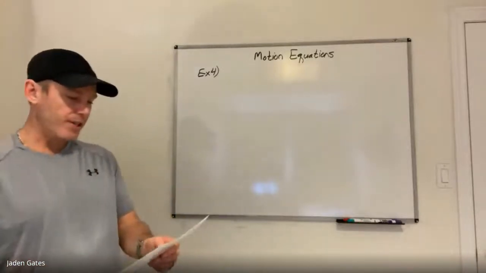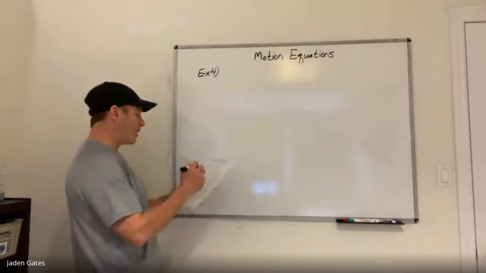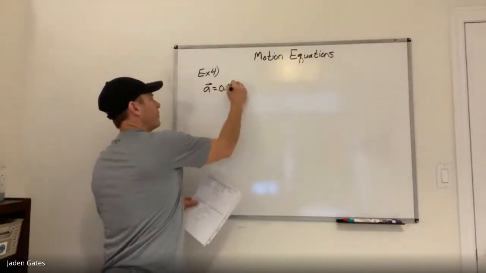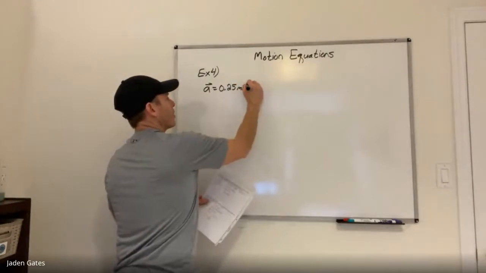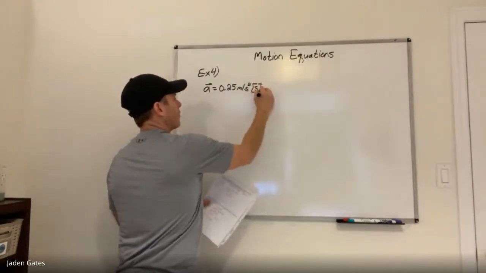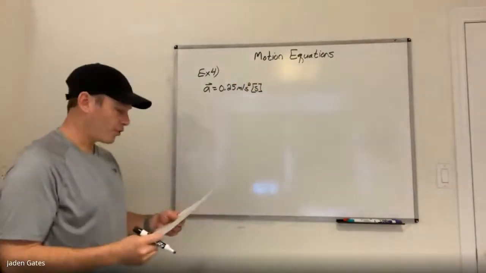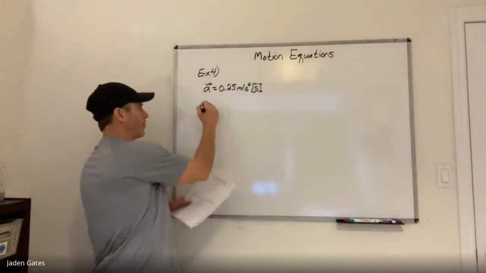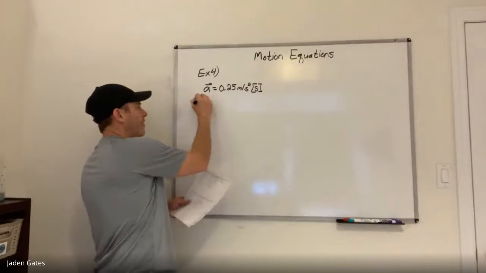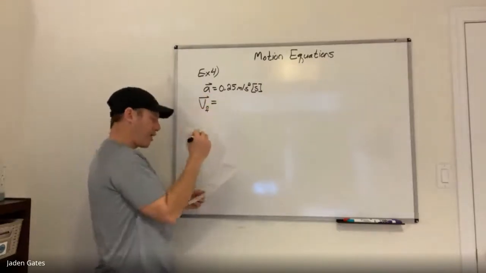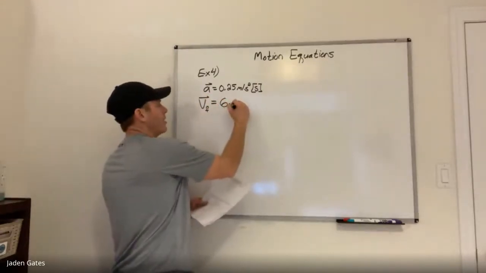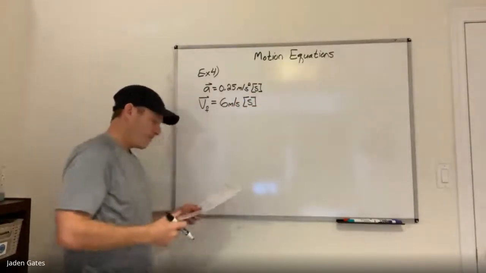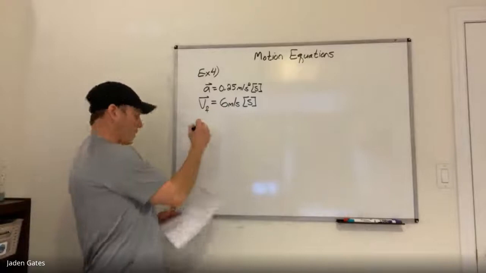It starts off, a sailboat accelerates at a rate of 0.25 meters per second squared south, to reach a velocity of 6 meters per second south. That would be considered my final velocity because the sailboat accelerated up to 6 meters per second south over a distance of 40 meters.